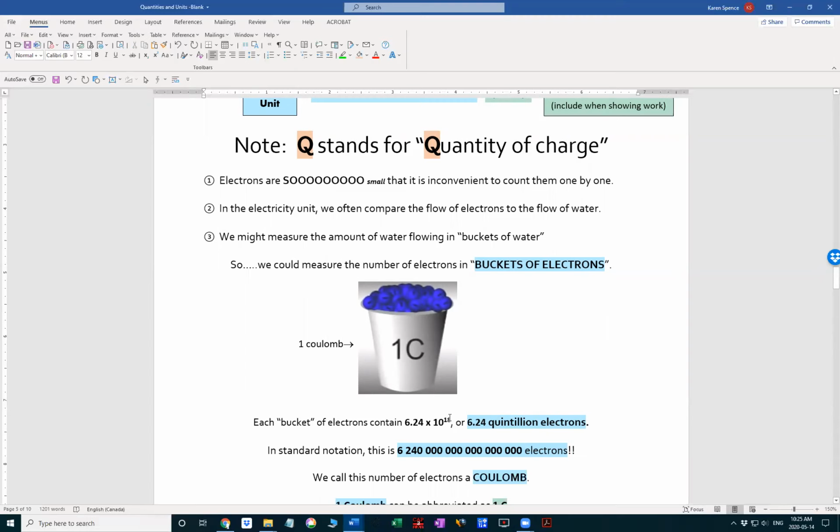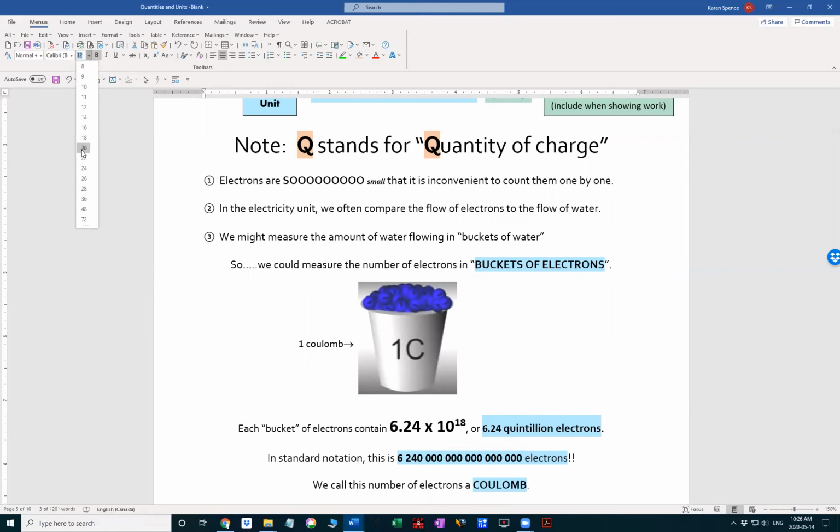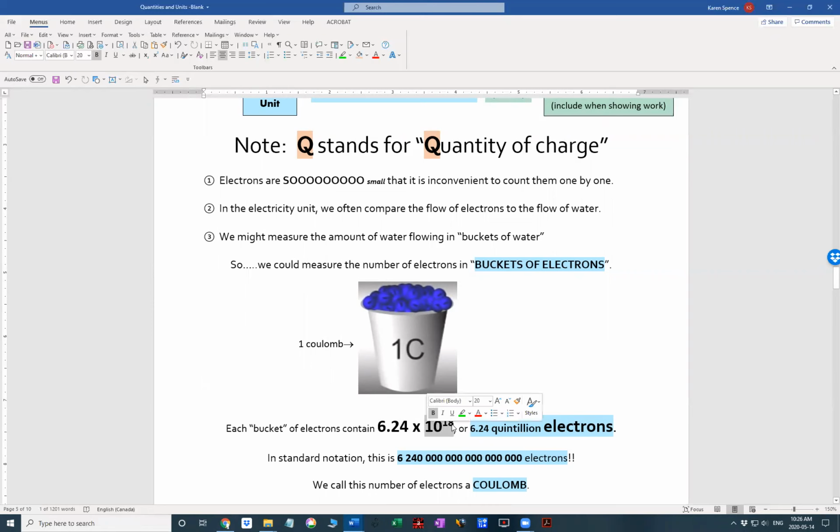Okay, 1 coulomb is a bucket of electrons. It contains, let's take a look at this number and see if you remember your scientific notation. 6.24 times 10 to the 18 electrons, or 6.24 quintillion electrons. So if you remember your scientific notation, that 10 to the 18 means we've moved our decimal place 18 places.